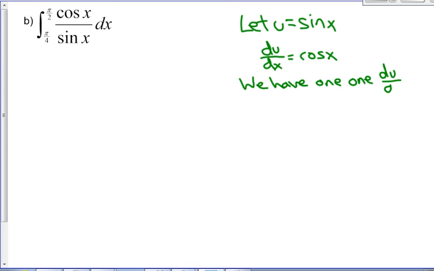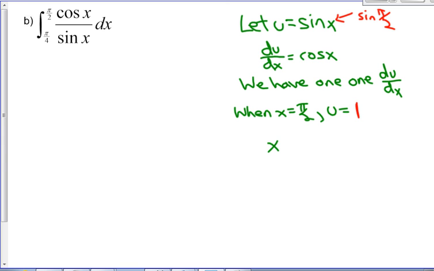Now we could start subbing in, but instead let's check out the boundaries. When x equals pi over 2, u equals, let's see if we remember, what is the sine of pi over 2? It is 1.